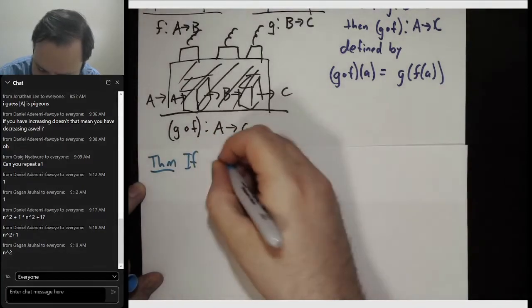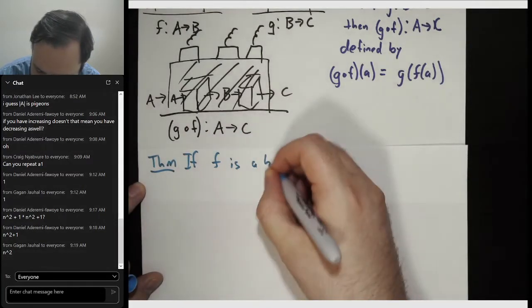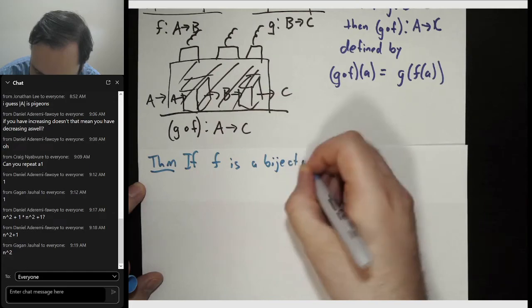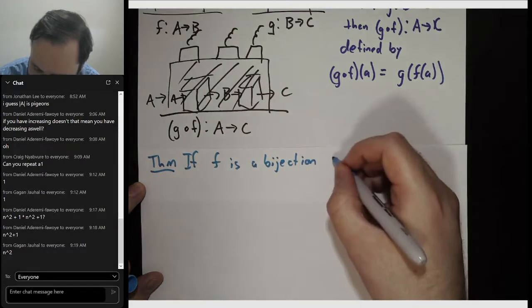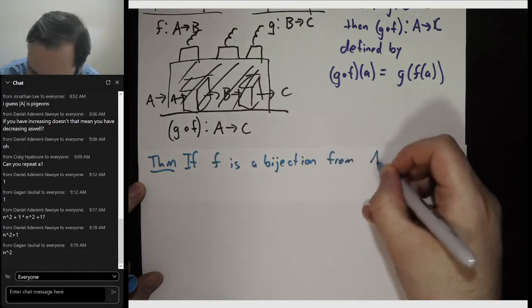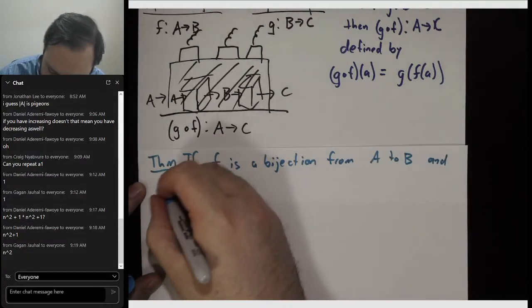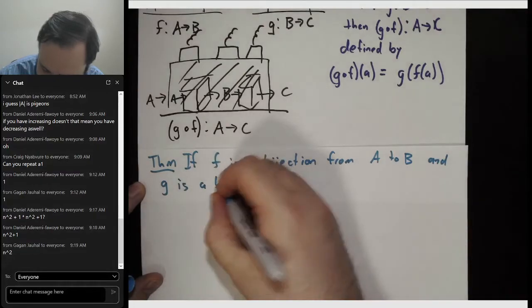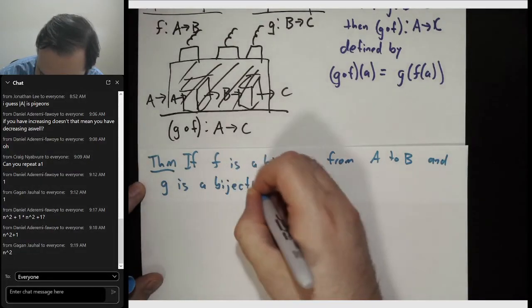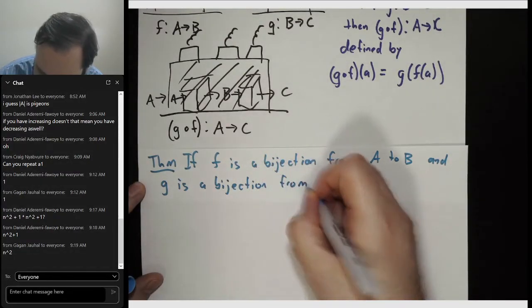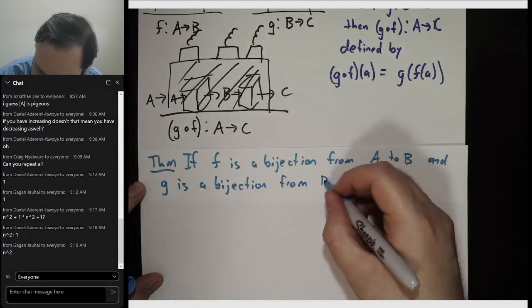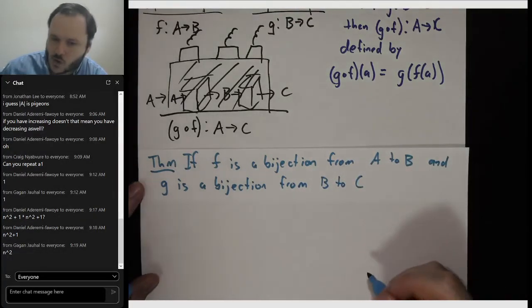If F is a bijection from A to B, and G is a bijection from B to C, what do you think is the theorem?